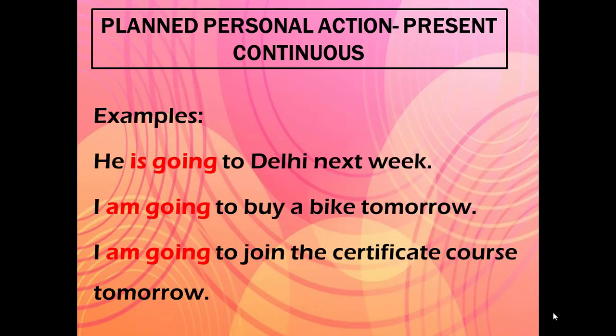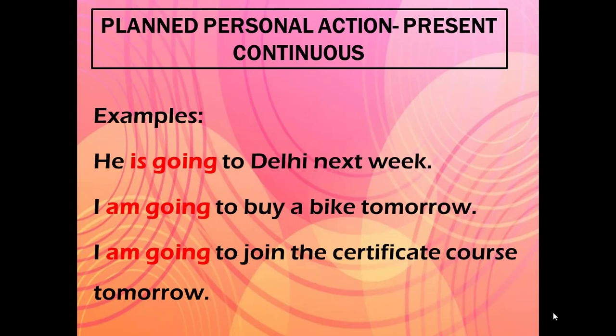And the third form in which we can refer to simple future tense is for planned personal actions. We use present continuous tense. For example, he is going to Delhi next week. I am going to buy a bike tomorrow. I am going to join the certificate course tomorrow.